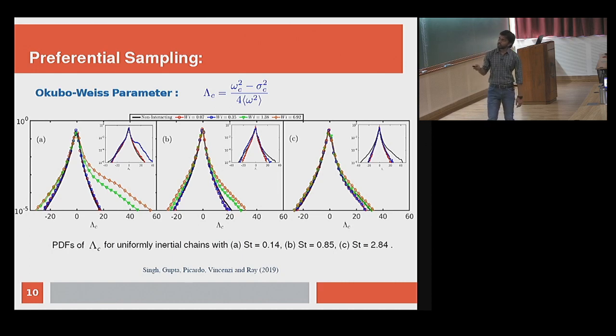Looking at the plots, these are all PDFs, probability distribution functions, of lambda c for different Stokes and Weissenberg numbers. I hope this is visible, but anyway, I'll say it. For small Stokes, that is small inertia, in the first panel, Stokes is 0.14.